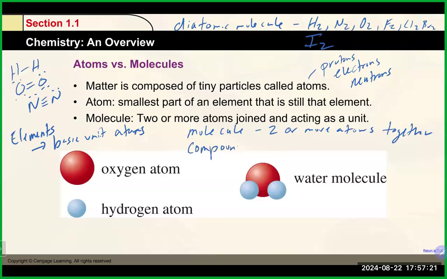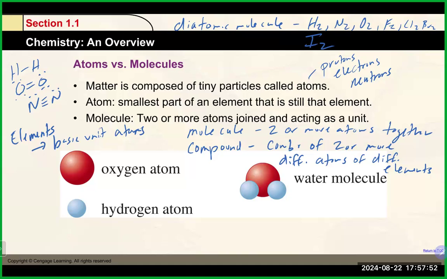And a compound is the combination of two or more different atoms of different elements. So, in order for something to be a compound, you have to have two or more atoms involved, but you also need to have at least two or more elements involved as well.